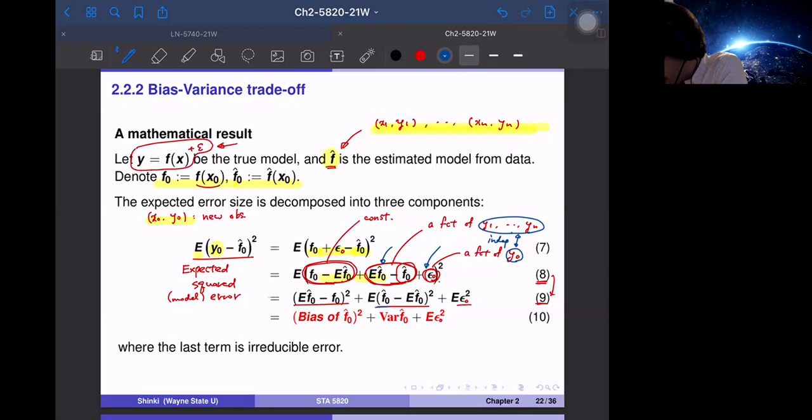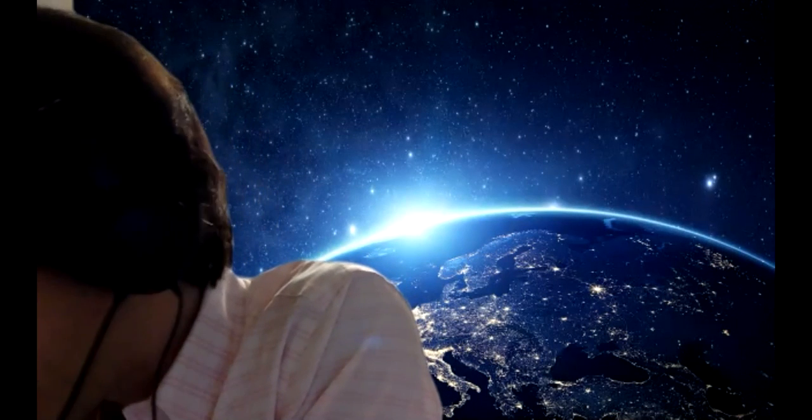In usual English, it's called bias: the difference between the truth and the expectation. The second term, mathematically speaking, is something minus the expectation of something, squared, and then the expectation. That is the variance of f naught hat. If this variance is large, that means our estimated f hat of x naught is really not stable.